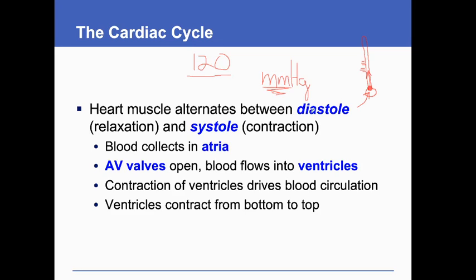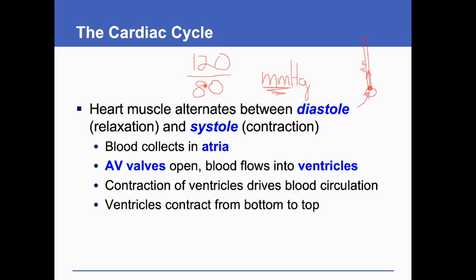And then when your heart is relaxing, your diastolic pressure should be about 80. And so that's why we're always talking about blood pressure in terms of one number over another, because moment to moment, the pressure changes a great deal. You have a high pressure system when the heart is contracting, the left ventricle really, and a low pressure system when the left ventricle is relaxing.